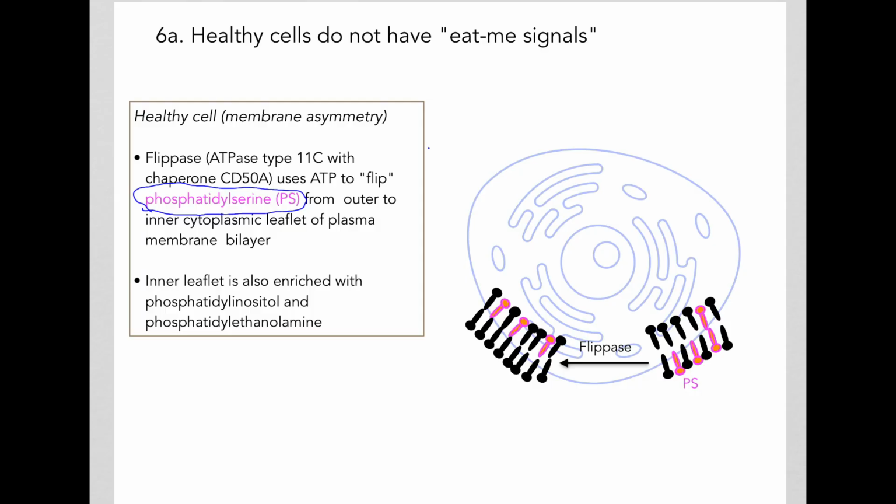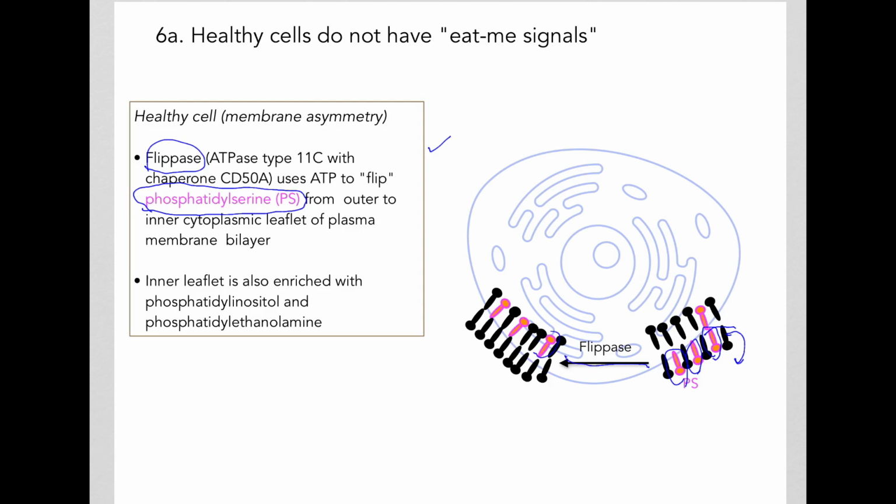So in healthy cells, we have enzymes such as flippase, and what they do is any phosphatidylserine, and you can see that here in pink, any phosphatidylserine that is on the outer leaflet of the plasma membrane, they are flipped.